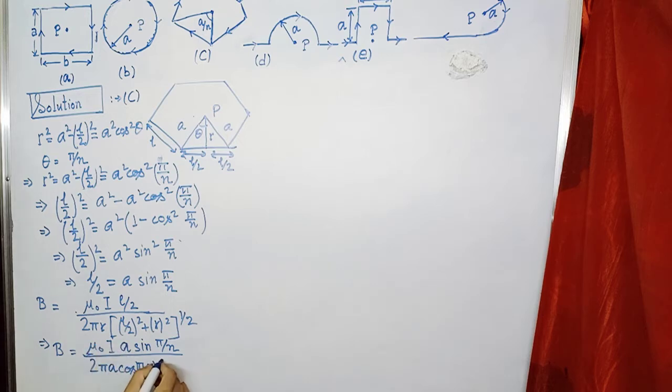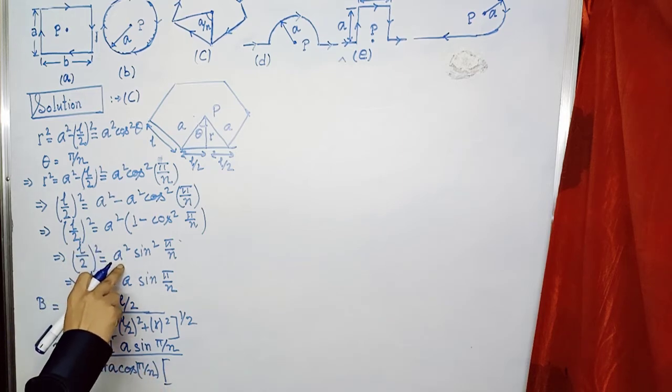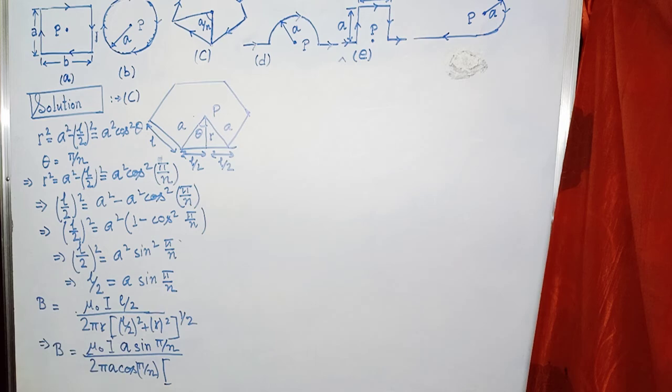Now as we are seeing, L divided by 2 equal to A sin pi by n, and R equal to A cos pi by n. So A square sin square pi by n plus A square cos square pi by n will be equal to 1.